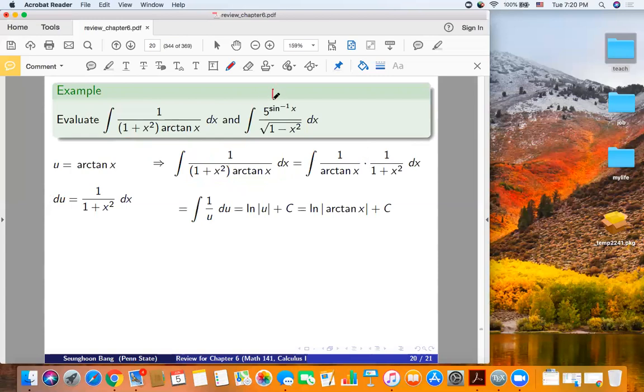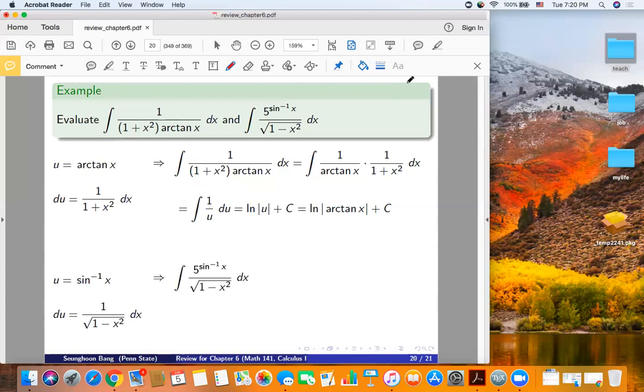How can you solve the second problem? Yes, use substitution. What's u? You're right, u equals inverse sine of x, du equals 1 over square root of 1 minus x squared dx.